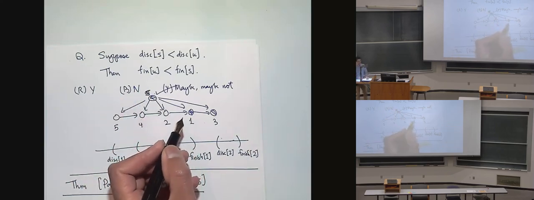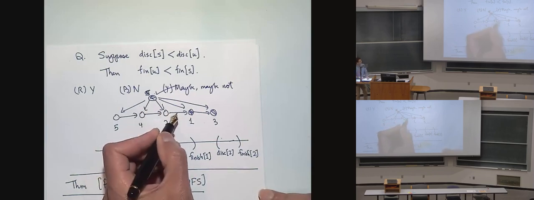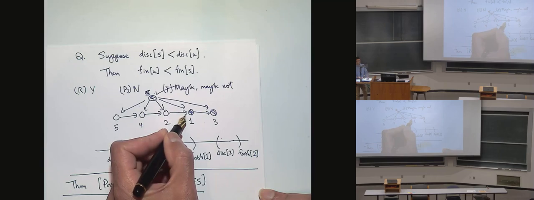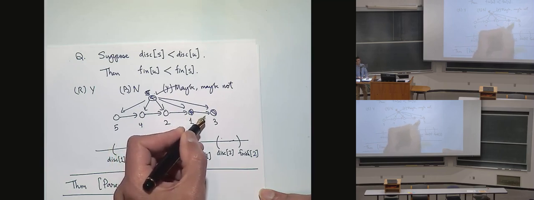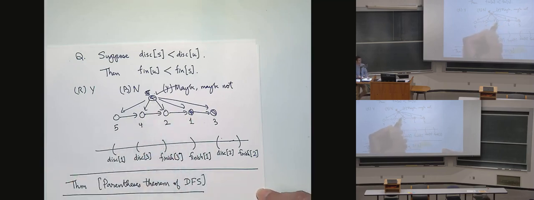And you'll see the same picture holds. Because from S, you'll first visit 1. And then you'll kind of do that. And then you'll go to 2. So one way to think about DFS on the whole graph and DFS on a source, you could imagine there being one source that just connects to everybody. So if you start DFS from that one source, it's like doing DFS on the graph.